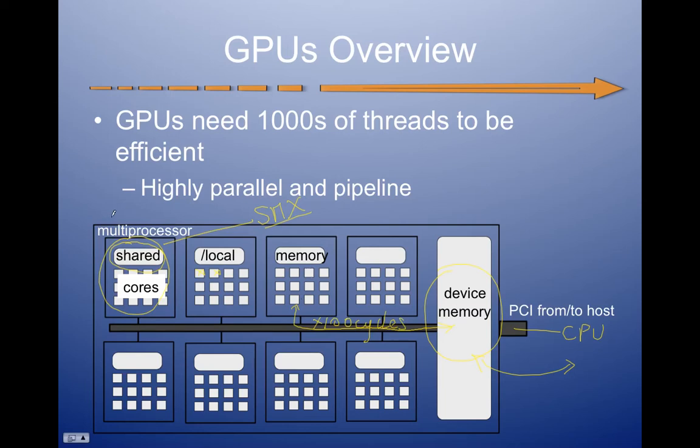So you need to have at least one thread per core, and also enough threads to pipeline the memory accesses, that need to be amortized in terms of access penalty. So you need thousands, and it's more like tens of thousands of threads to keep the architecture busy.